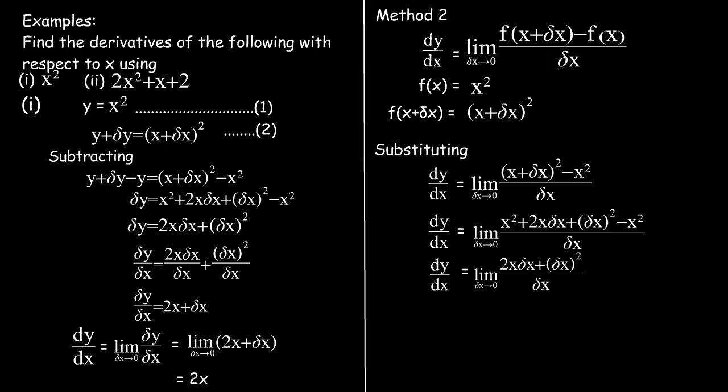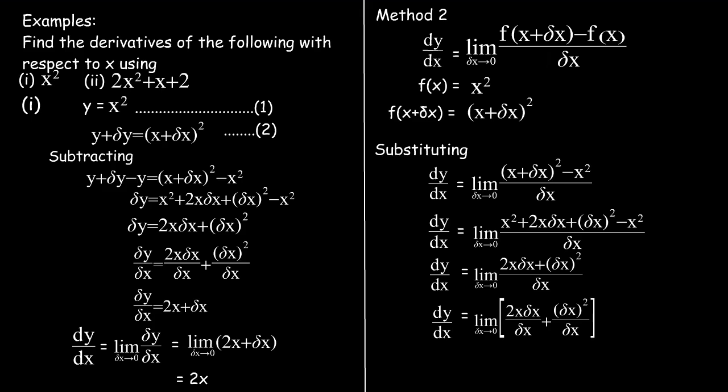Dividing by delta s and splitting the expression into 2s delta s divided by delta s plus delta s squared divided by delta s, dy over ds will be equal to the limiting value in bracket 2s delta s divided by delta s plus delta s squared divided by delta s. 2s delta s divided by delta s will be equal to 2s, and delta s squared divided by delta s will be equal to delta s.